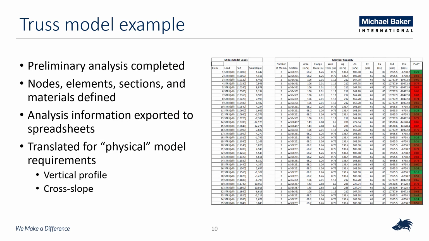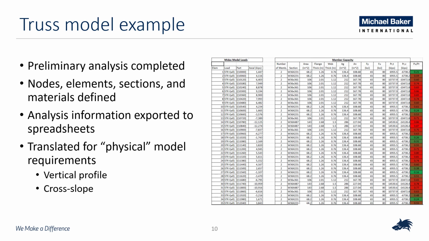So when I came onto this project, they already had preliminary analysis completed in a structural analysis program, right? So all of the nodes, elements, sections, materials have all been defined, at least in the preliminary engineering phase.